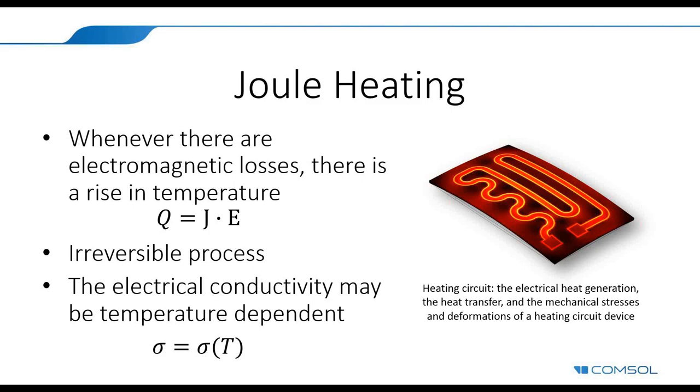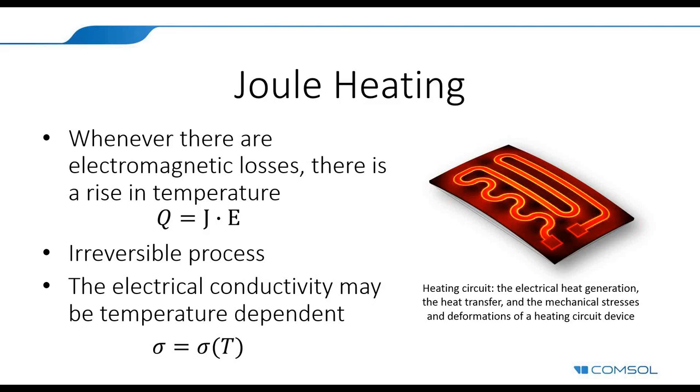The heat source is given by an equation again: J dot E, the electric current dot the electric field. This is an irreversible process, so what is lost in the conversion from electric current to heat is not something you can revert.